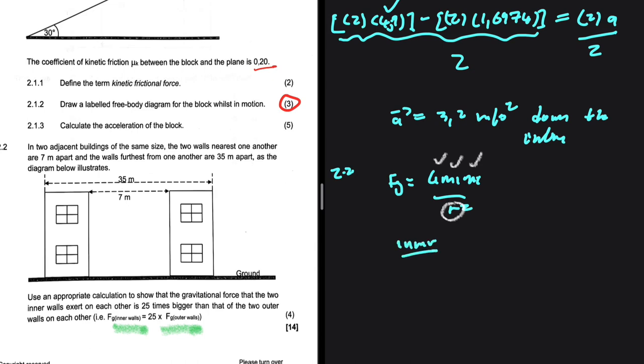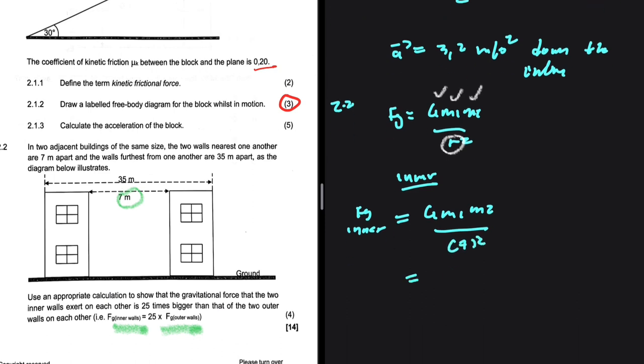So for the inner walls, we're going to have Fg of the inner walls, let's just say Fg inner, being equal to G m1 m2 divided by r squared. The inner walls are 7 meters apart. So we're going to have 7 squared. We know what 7 squared is equal to. So we're going to have G m1 m2 divided by 49. These are the inner walls.